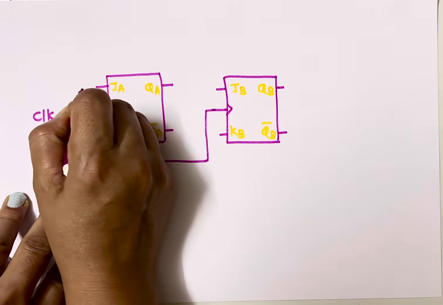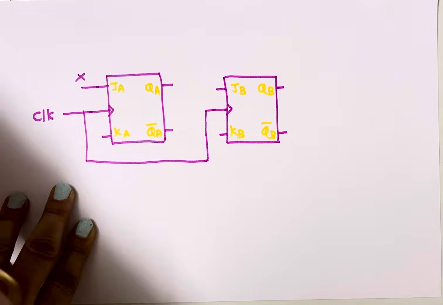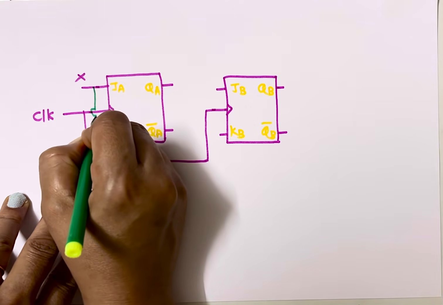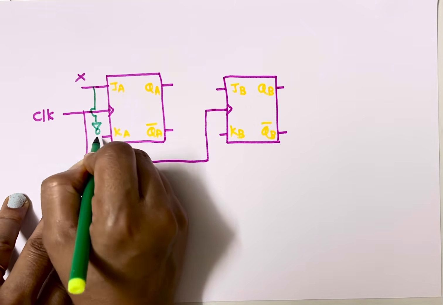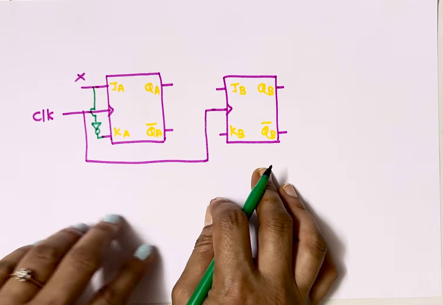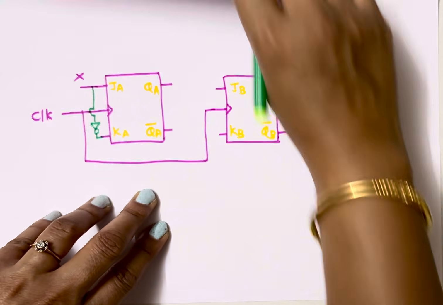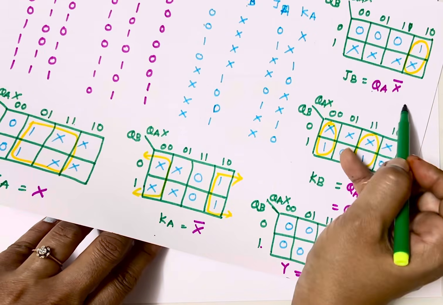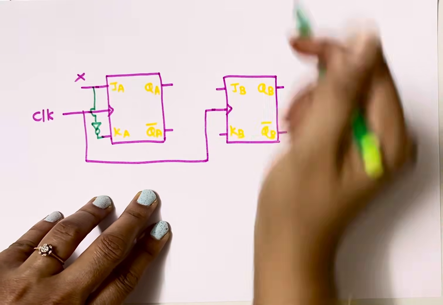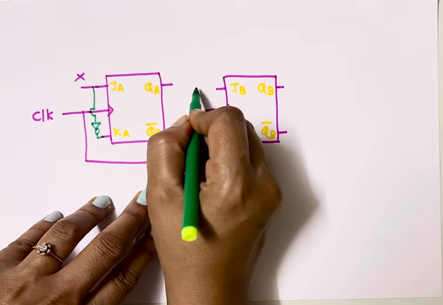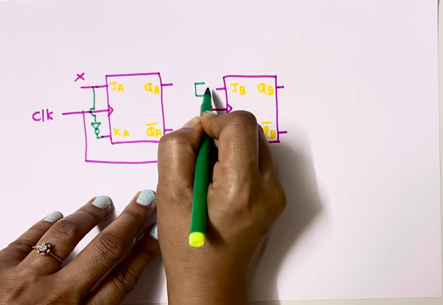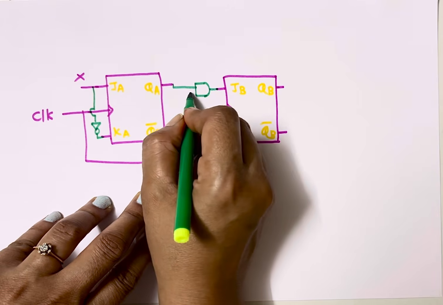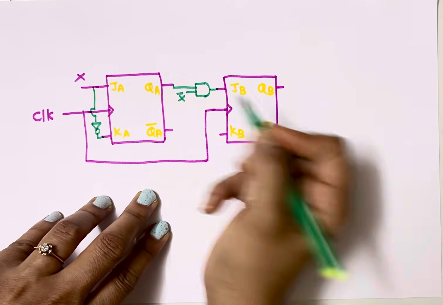So JA is X and KA is X bar, so I'll simply connect one inverter here and this is my KA. For JB it is QA into X bar, so I'll use one AND gate here. One input is QA and another input is X bar.